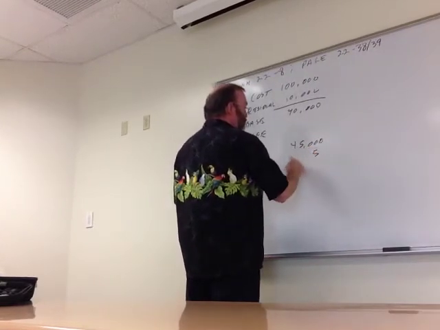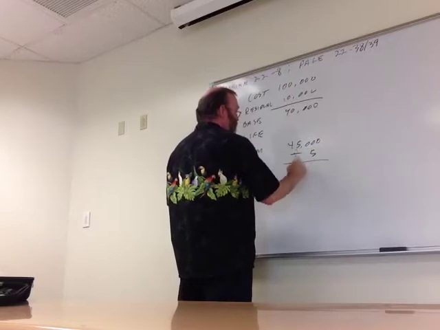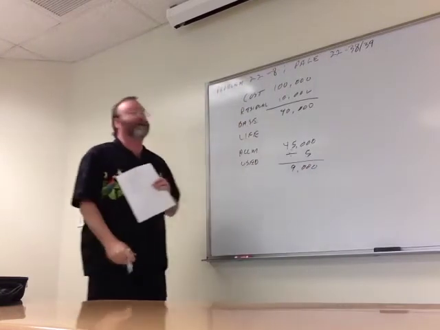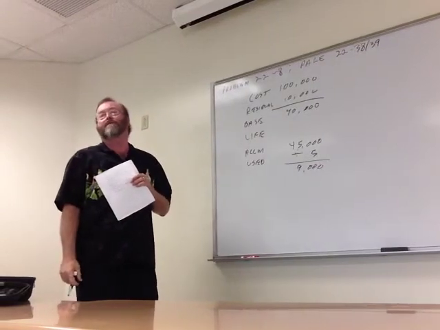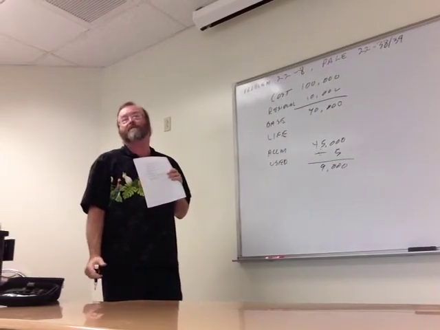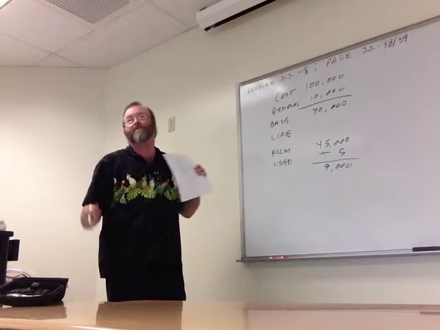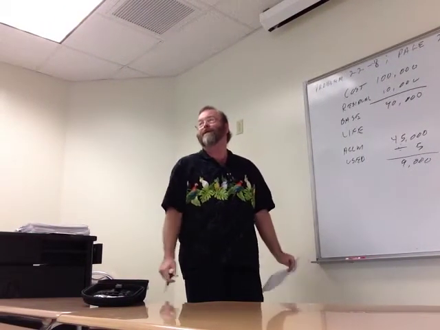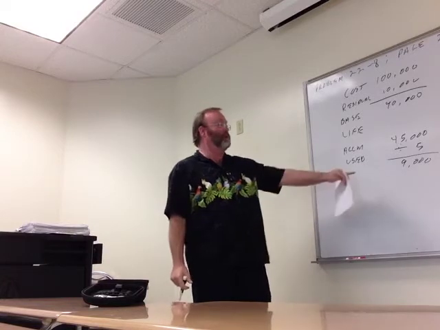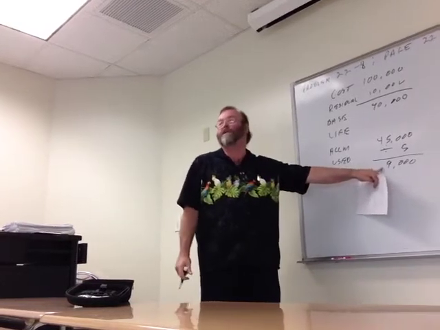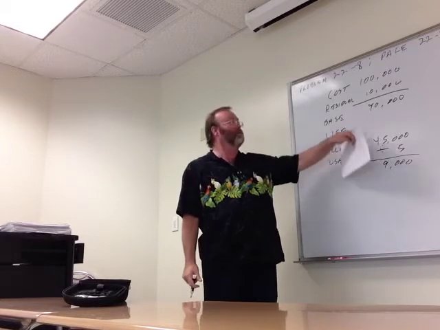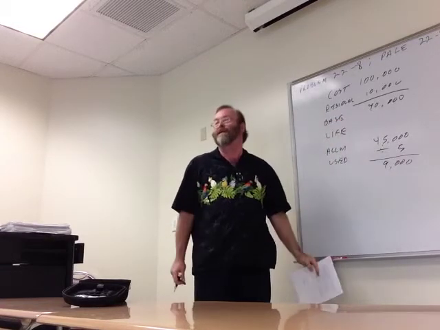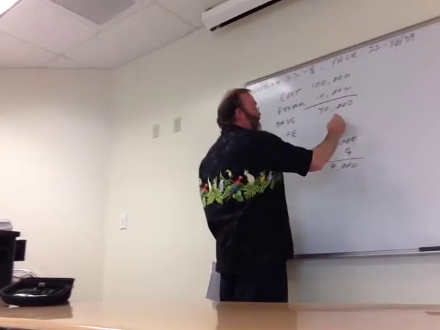We've used it for 5 years, divide that by, and we get $9,000 a year on a $90,000 base, which, drum roll, gives us an estimated life of... we've been depreciating at $9,000 per year, and the depreciable base was 90,000. How many years? 10. Thank you.